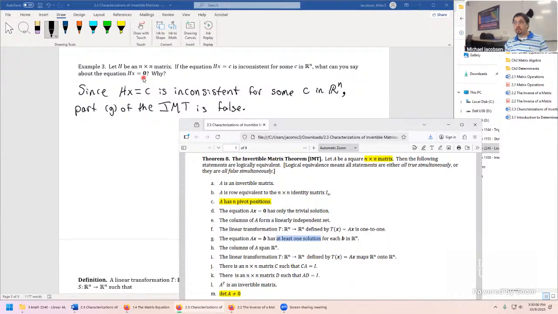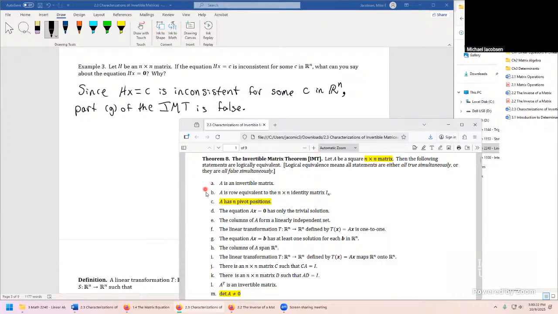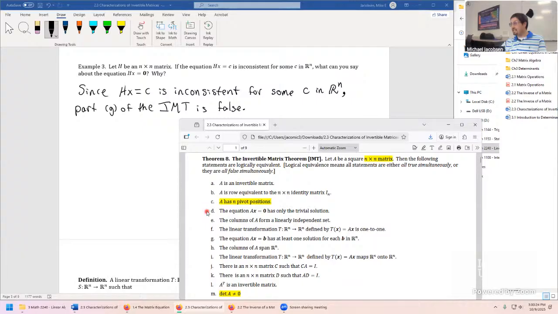Anyone see which parts that would be related to on the invertible matrix theorem? Would it be that it only has the trivial solution? Yeah, we're now going to relate it to part D.